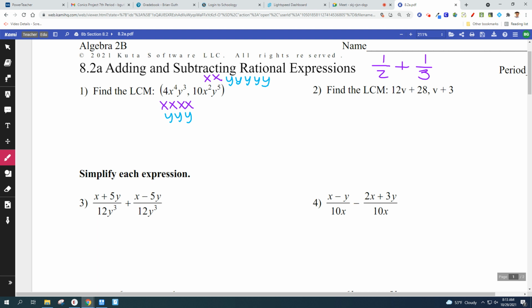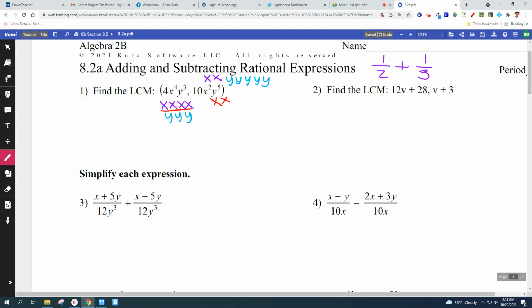In order to make them both happy, we can't take any of this guy's x's away. Since the guy on the left has 4 x's, we're going to have to give the guy on the right a couple of x's. So now they both have the same number of x's.